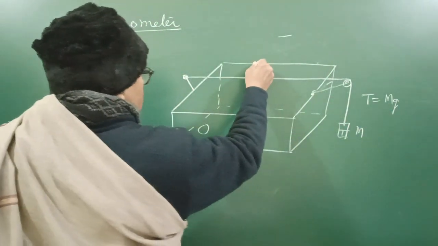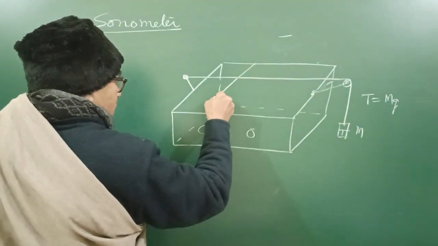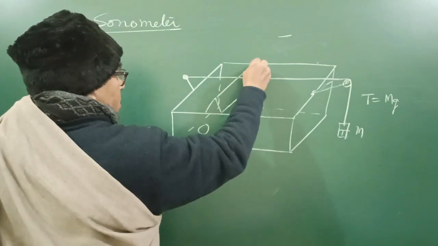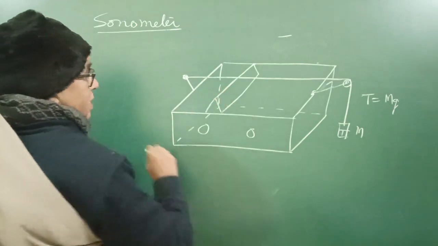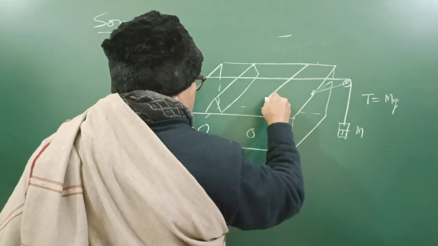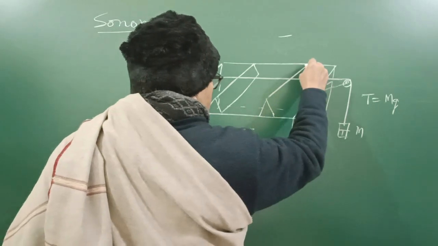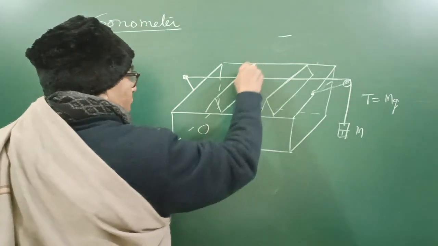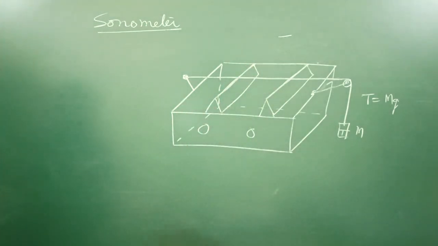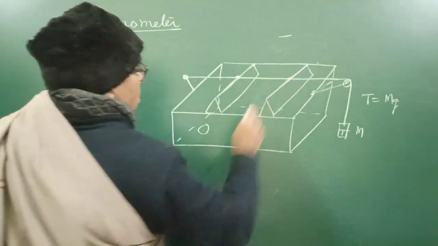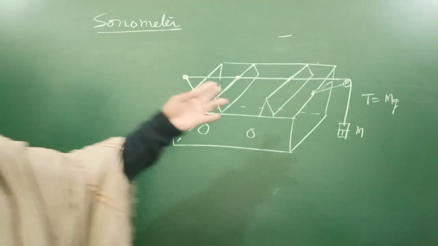Now this wire passes over two bridges. Steel bridge, sharp edge. Then there is another bridge here. Steel bridge, knife edge type. So these two points will act as the boundary.